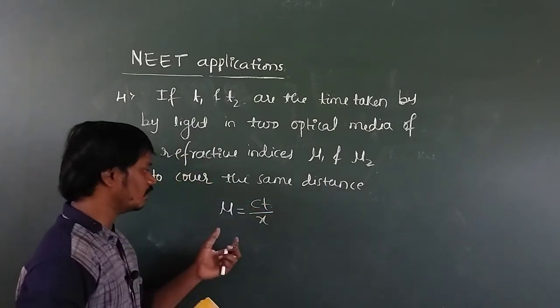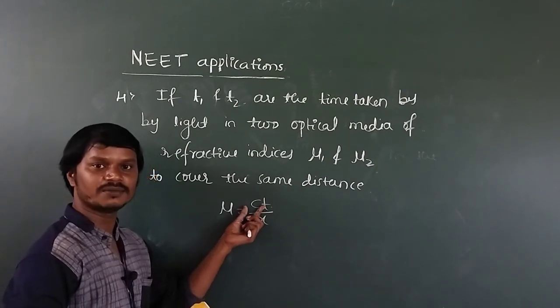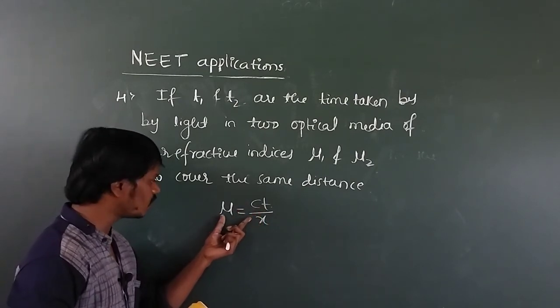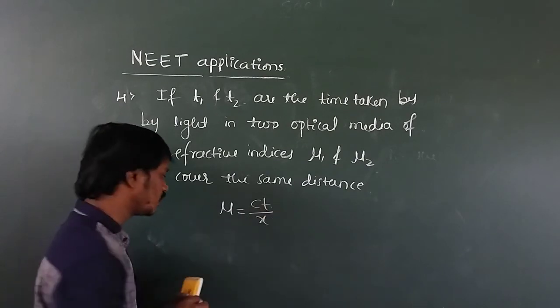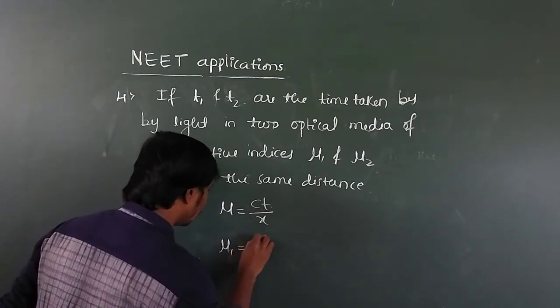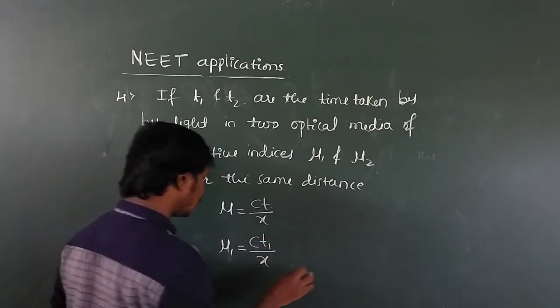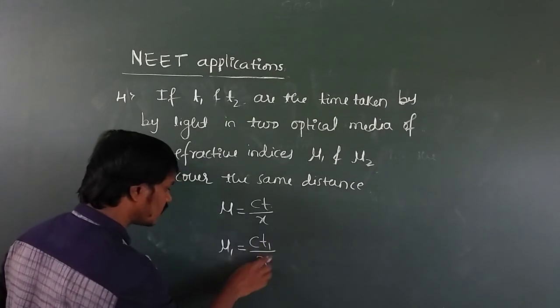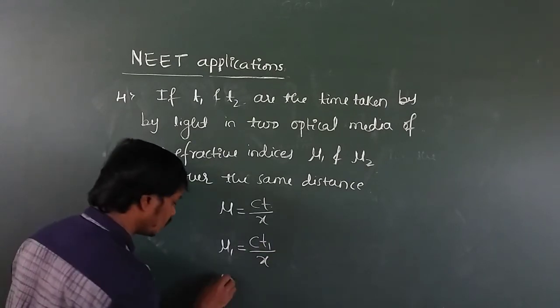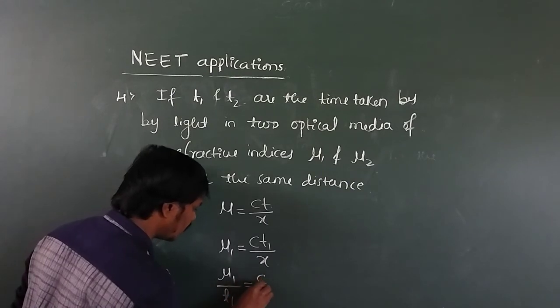Here what is the same: the distance traveled is the same and the speed of light in vacuum is also the same. But what are different: refractive index and time. Now I will write mu1 is equal to c into t1 divided by x. Taking t1 to the left hand side, mu1 by t1 is equal to c by x.